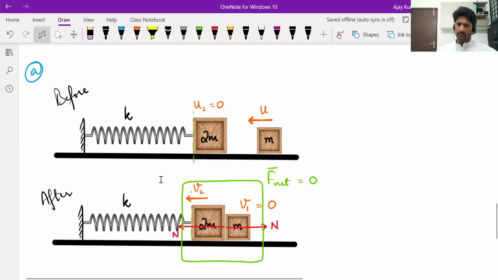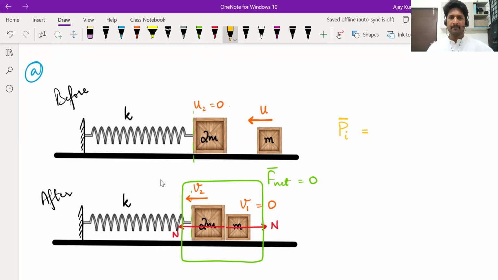Momentum is a vector quantity, keep that in mind. One of you tell me, how much is the initial momentum of this system of m plus 2m combined? Rishi, how will you write the momentum? Momentum is mv.